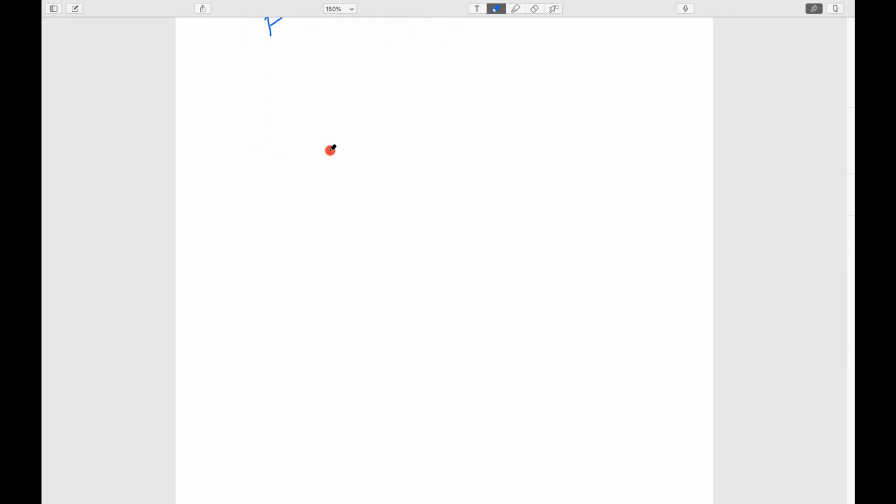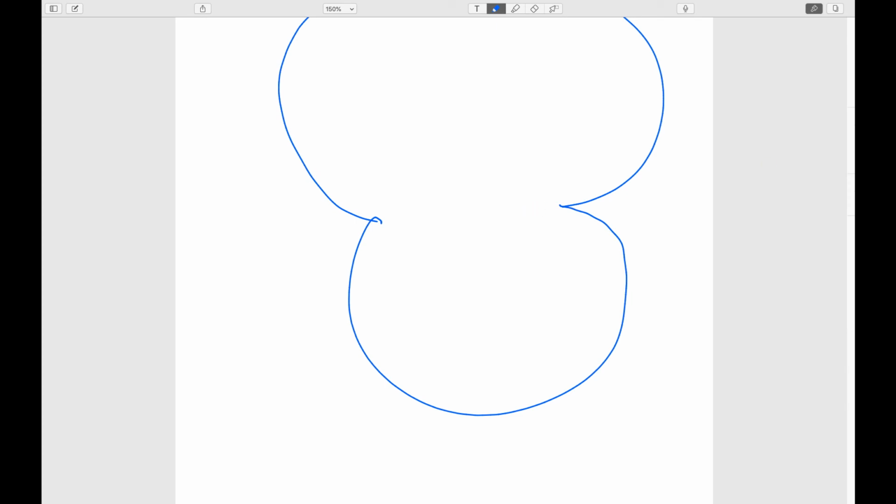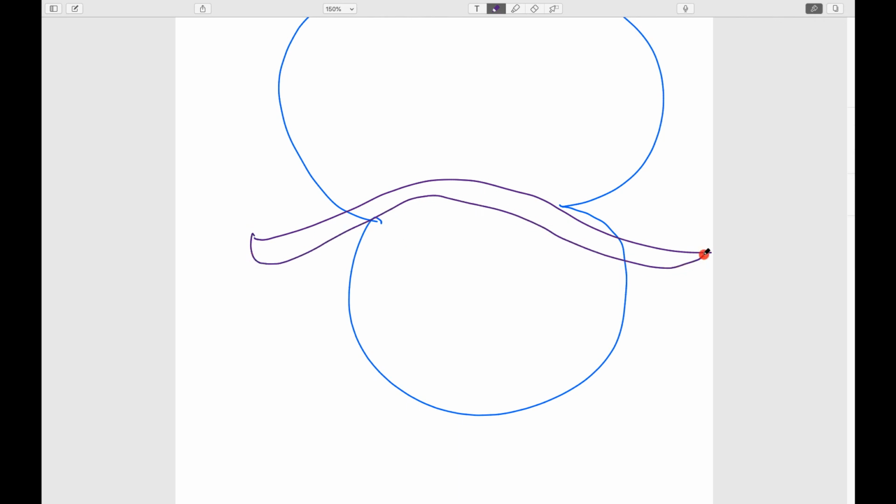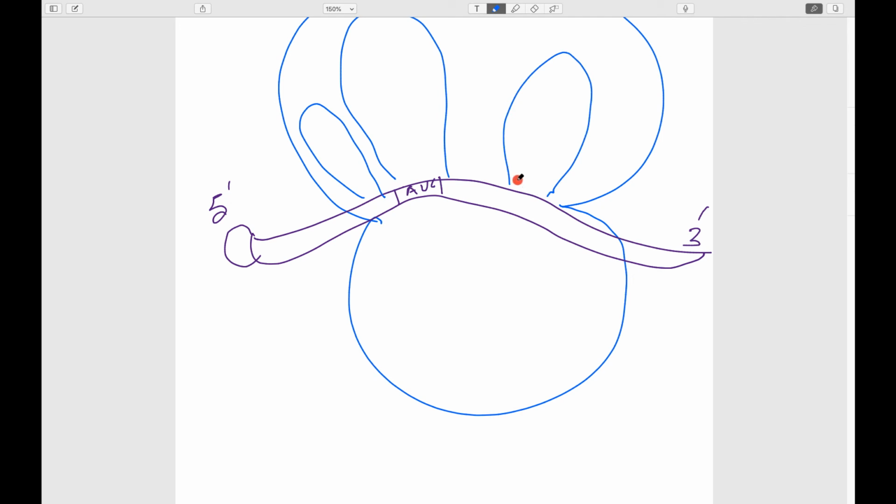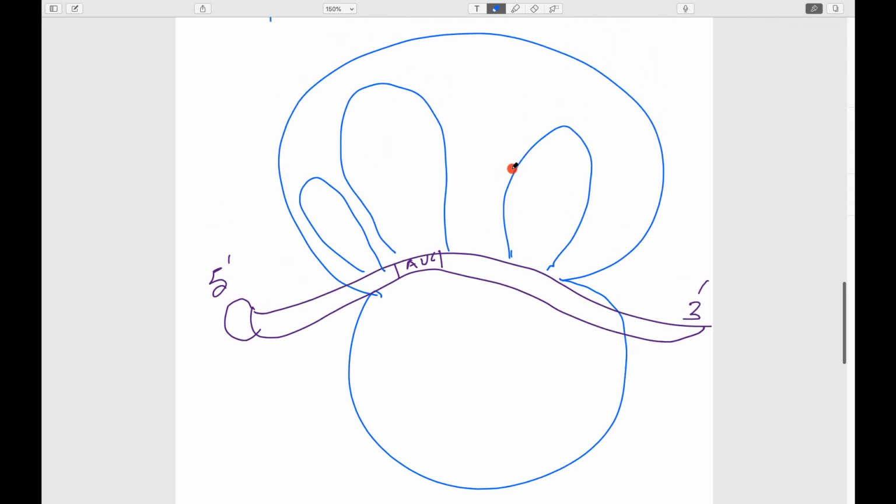Then finally, we get the ATS complex. Let me draw it. This is the cap at the 5 prime end, and this is 3 prime. This is AUG. Then there is the P site, E site, and A site.